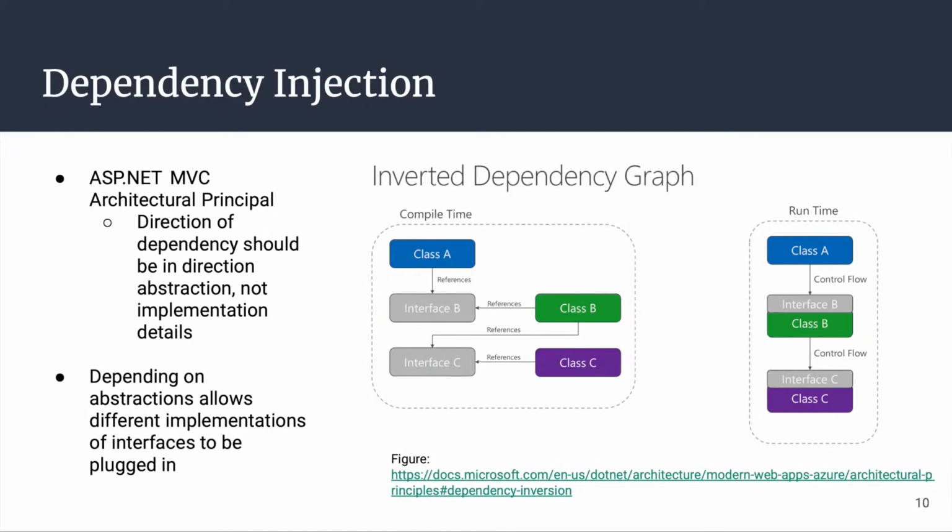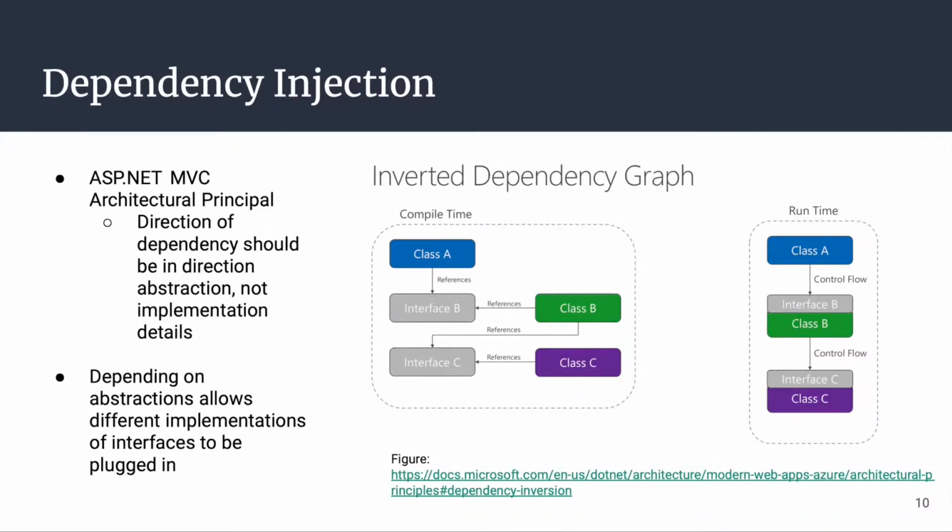Inversion of dependencies enforces our classes to have dependencies that are interfaces. Because our dependencies are interfaces, this abstraction allows our code to be modular in that we can swap the actual implementations of the dependencies as needed. As an example, let's look at the inverted dependency graph on the right.